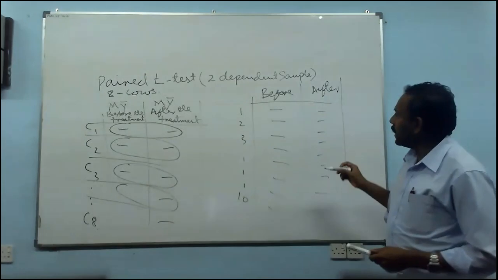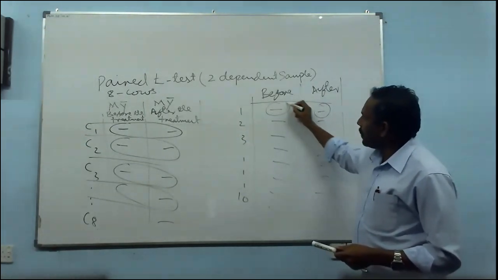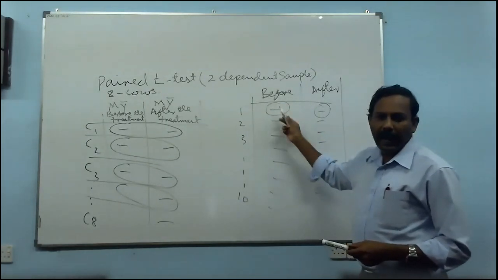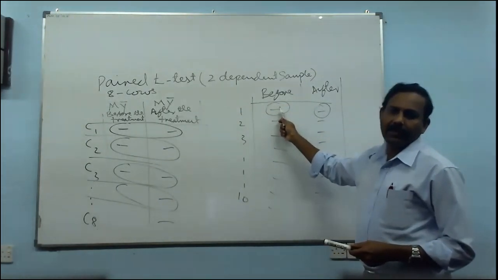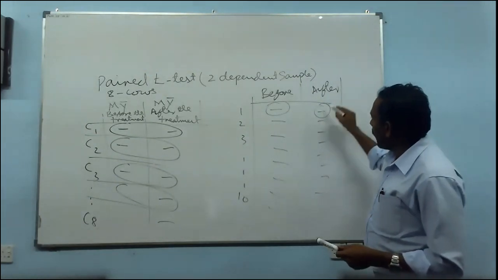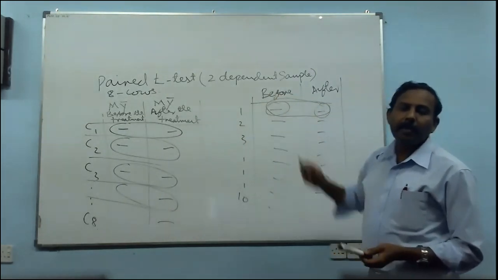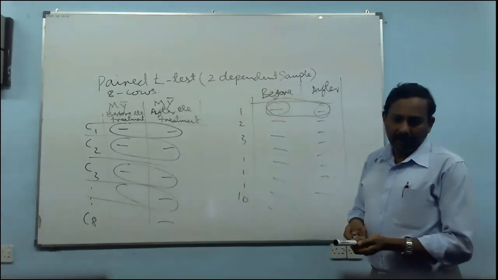Now you see, this increment is proportional to the income of the farmer at the beginning, let's say X. So these two data are coupled, or in another term, it is called a pair.